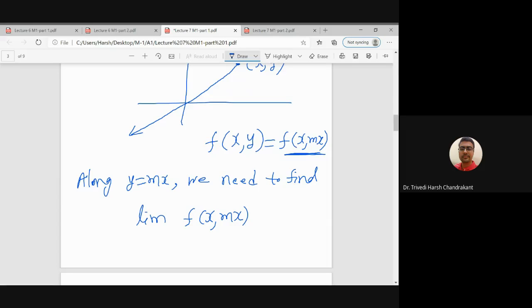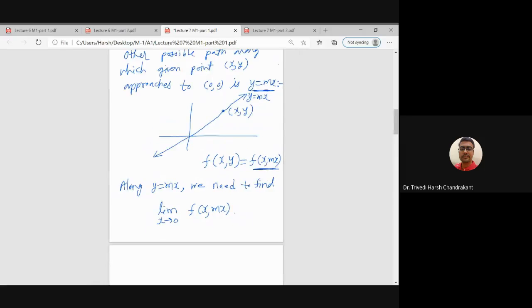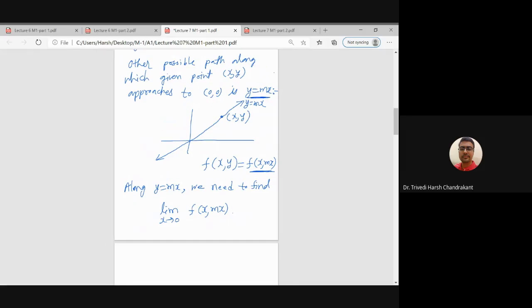Now there is no y, so essentially it is only one limit, that is x tends to 0. So these are some of the paths along which we can approach the origin.